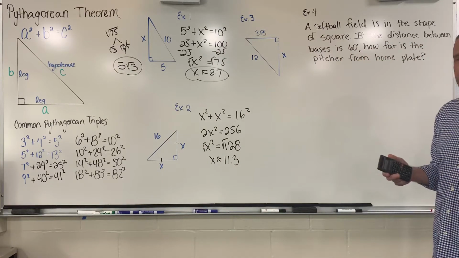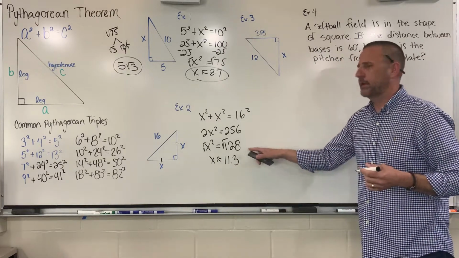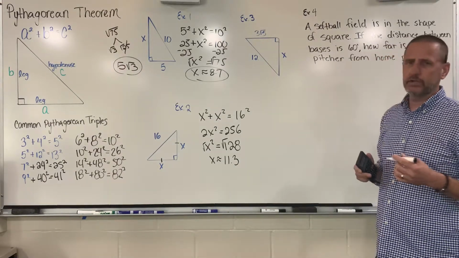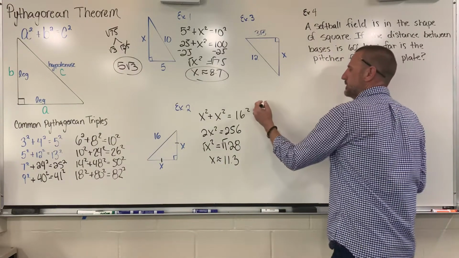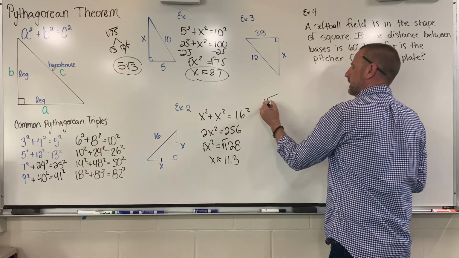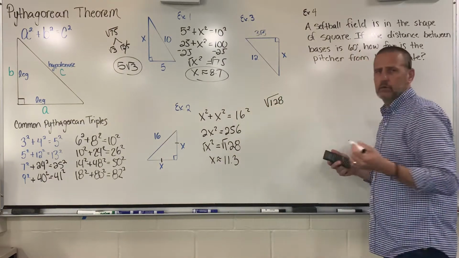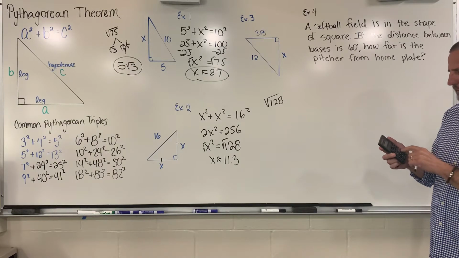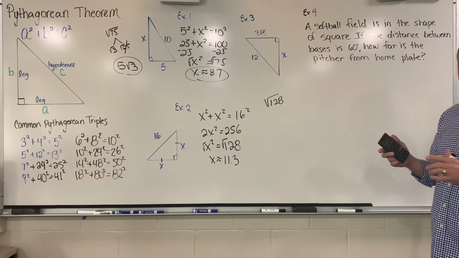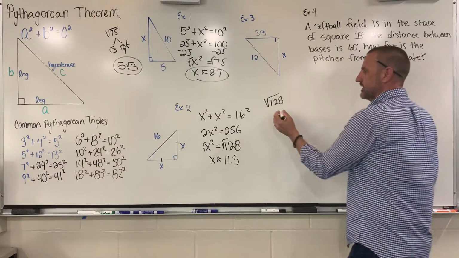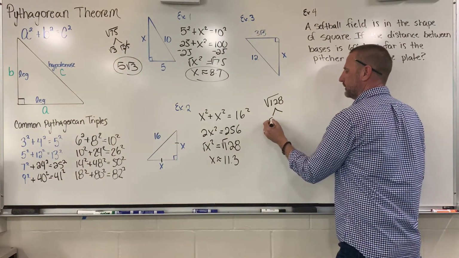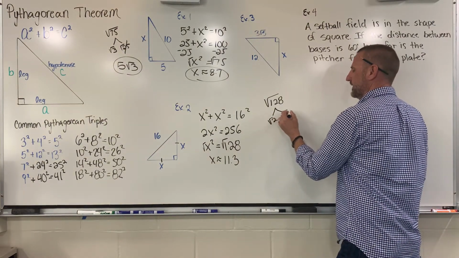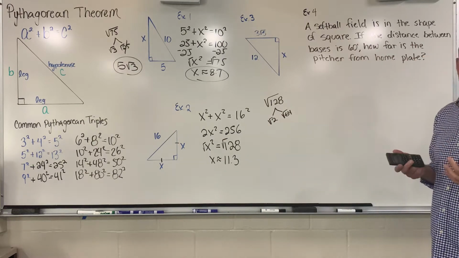The other thing I would like to look at is what I can do about reducing this. Let's say I want to break this down. If I have the square root of 128 and I want to use radical format, I always start by dividing by my first prime number, which is 2. If I take 128 and divide by 2, I happen to get 64. And that's super because the square root of 64 is 8.